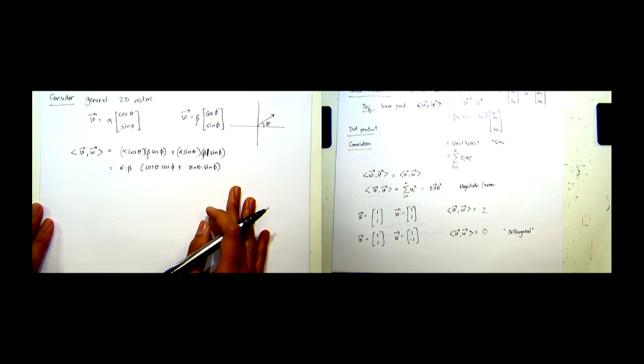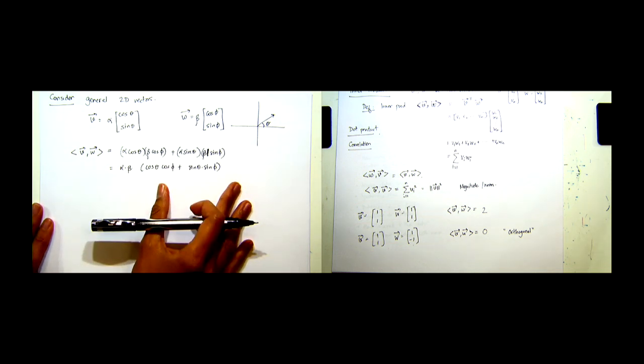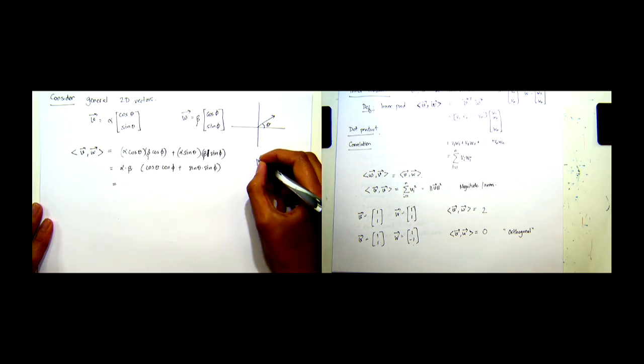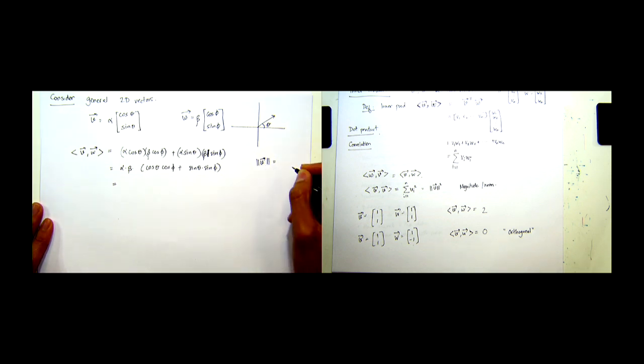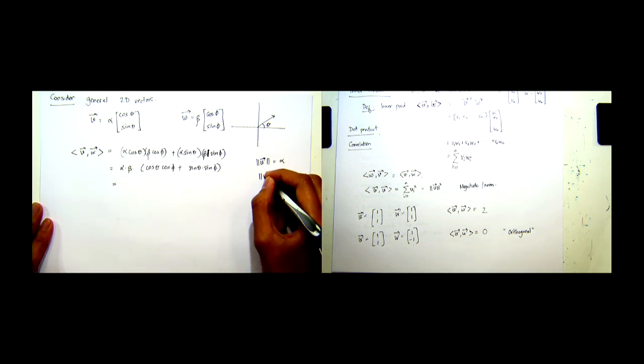Trig identities. What is this equal to? While you're reminding yourself, I'll do some little exercise on the side. What is the norm of V? Alpha. Norm of W. Beta. Anyone's memory remembers what this is?